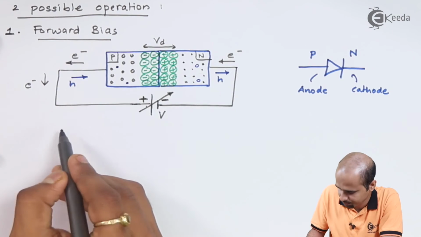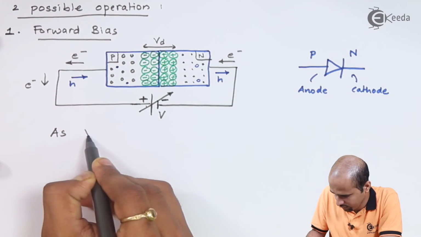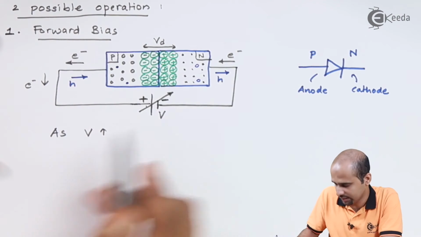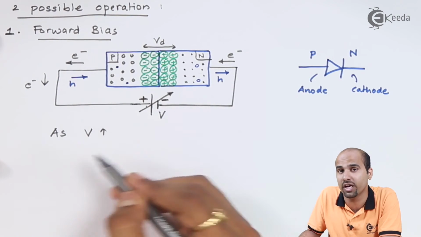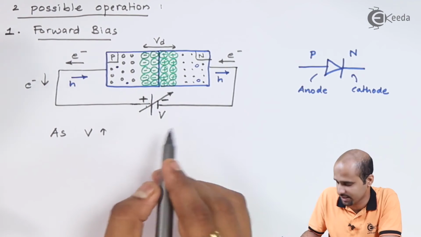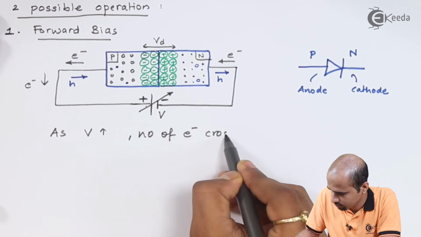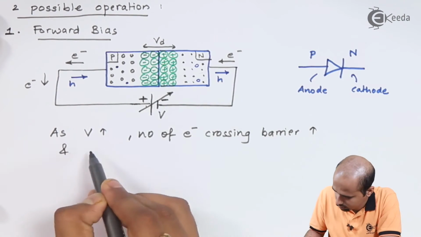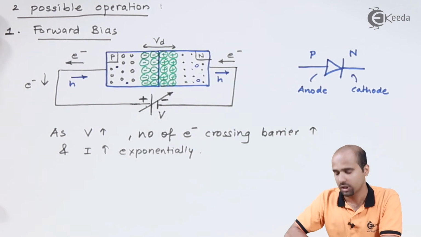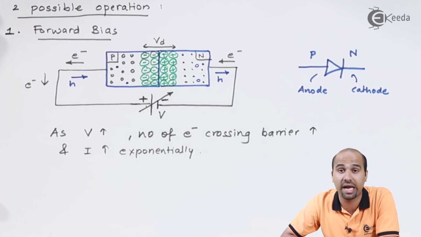So as V increases, the number of electrons passing through the junction increases. This increase of current is exponential.